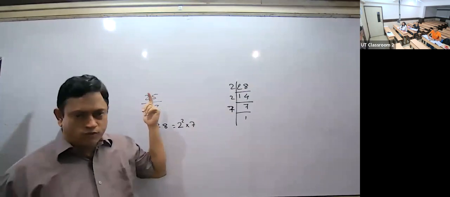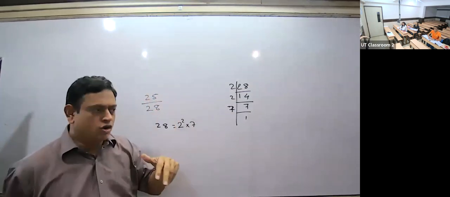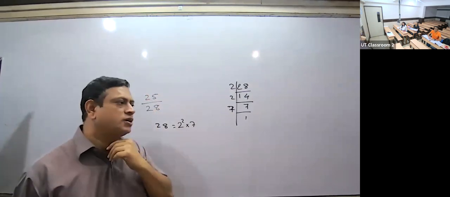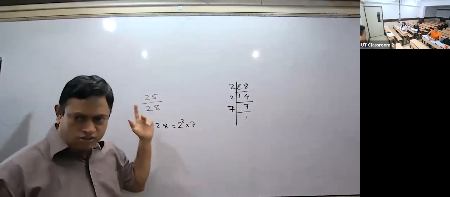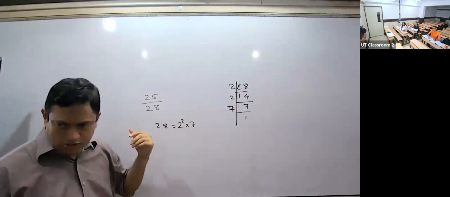First step, we check whether there is any common factor between them. If there is any common factor, you have to cancel it. After cancelling, you get the simplest form. Then take the denominator and factorize.